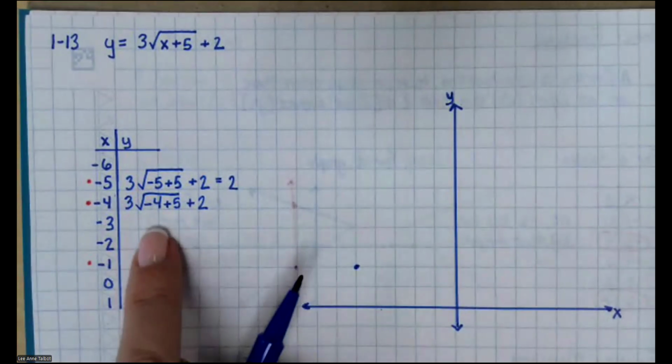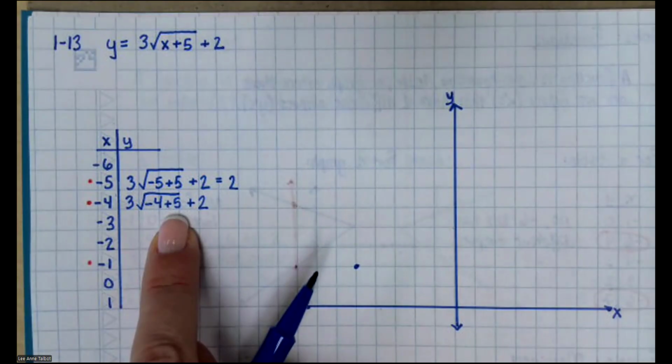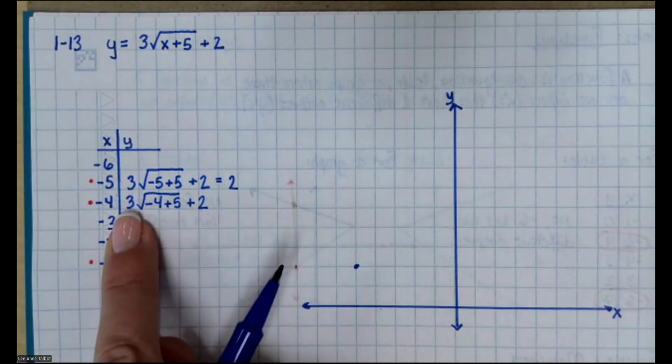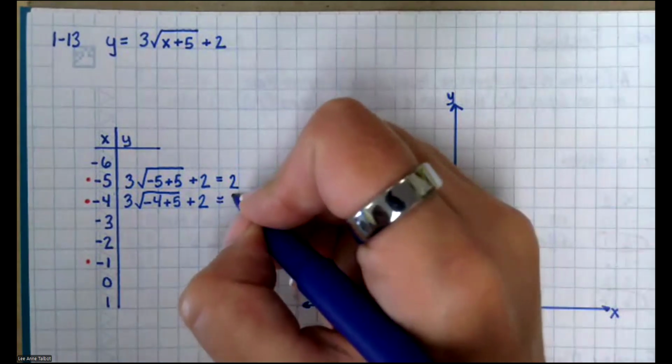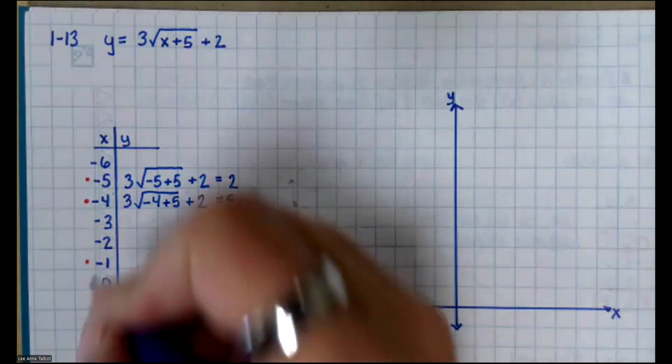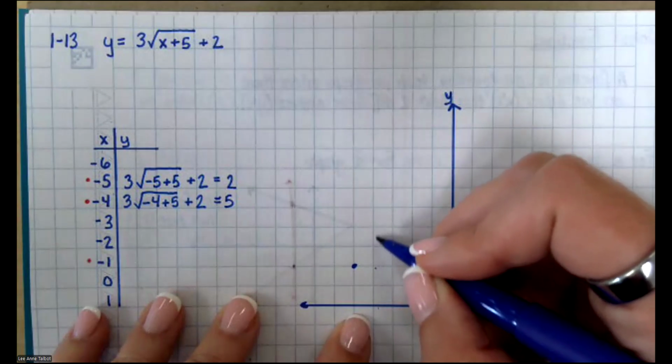Mental math. -4 plus 5 is 1. What's the square root of 1? 1. 1 times 3 is 3, plus 2 is 5. So that coordinate is -4, 5.